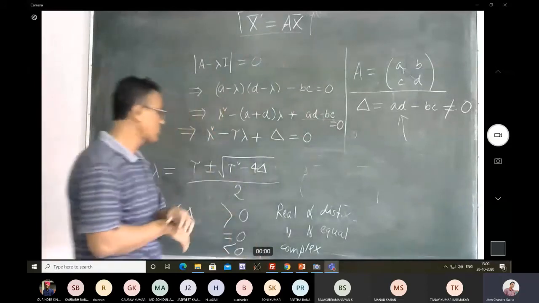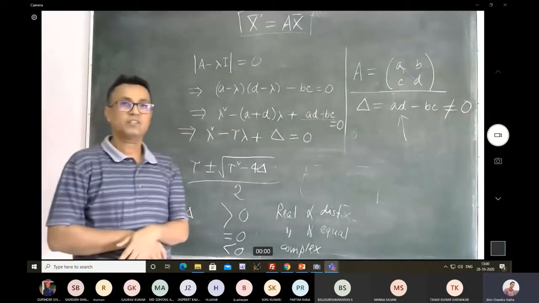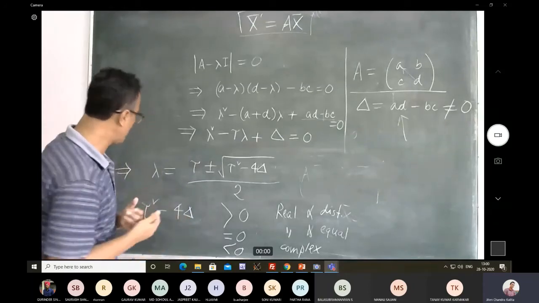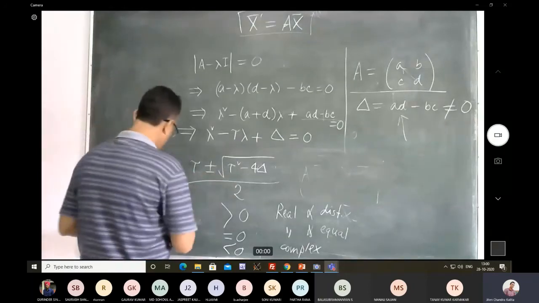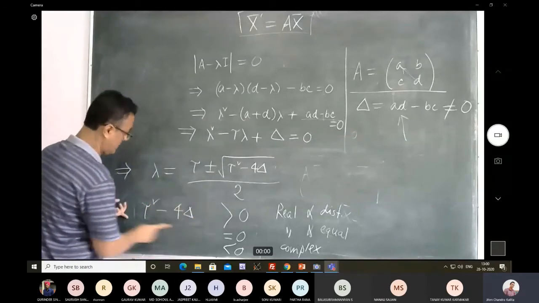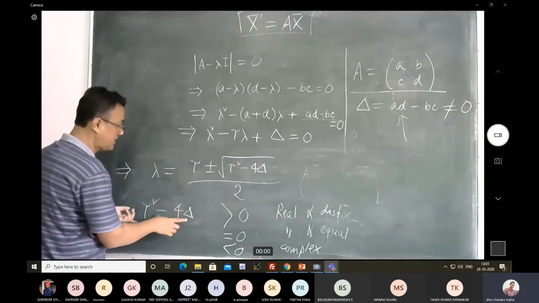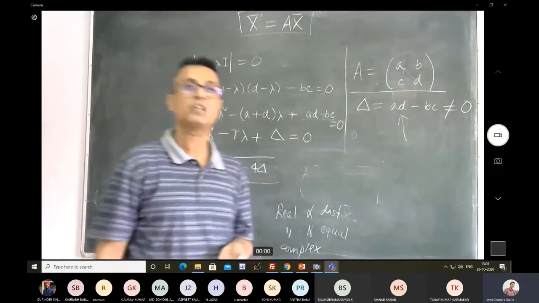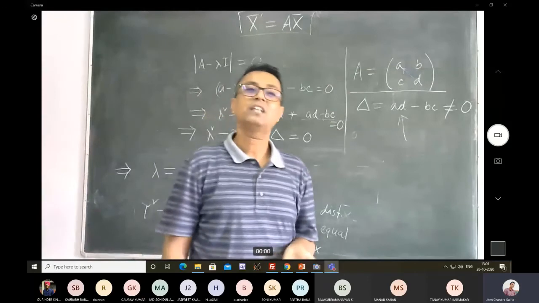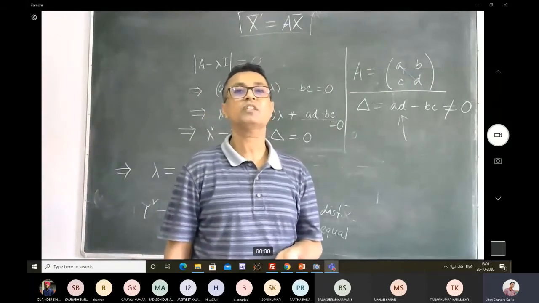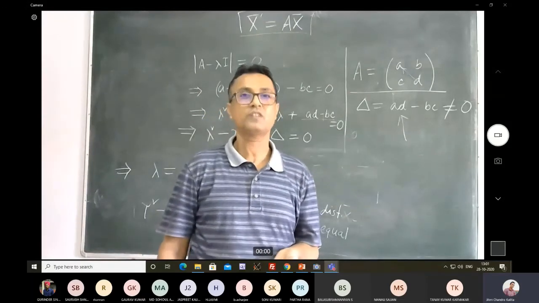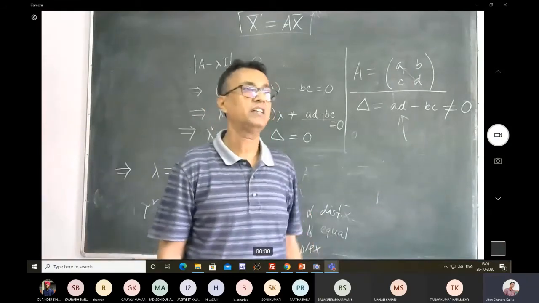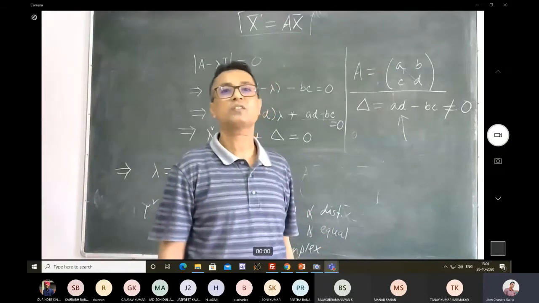I'm going to take one particular example, and in that example I will take the value of the discriminant greater than 0, less than 0, and equal to 0, and then I'm going to show you the corresponding trajectories.